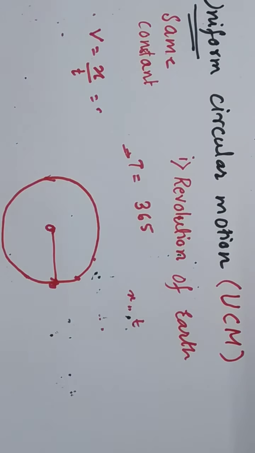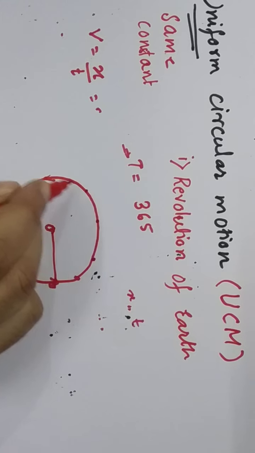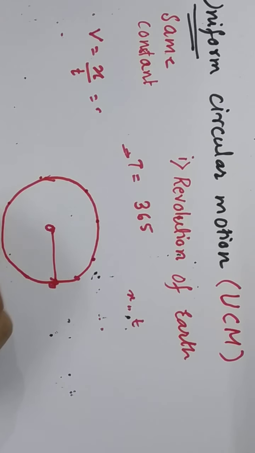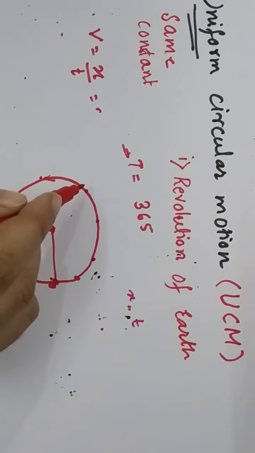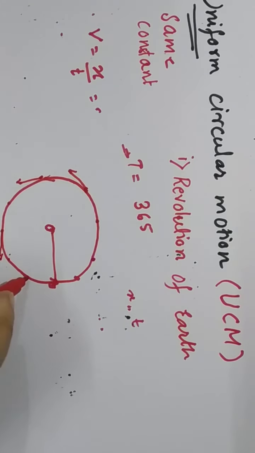So the meaning of uniform circular motion is nothing but motion of the particle along the circumference of a circle with constant linear speed. Why have I referred to the word speed, not the velocity? Because as we all know, different positions on the circumference of the circle will have different directions of these velocities.